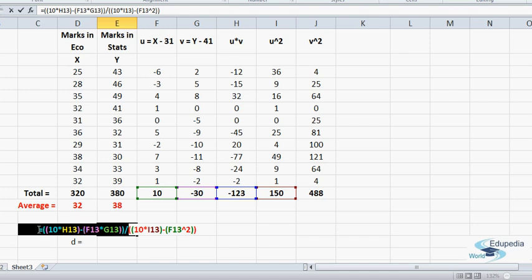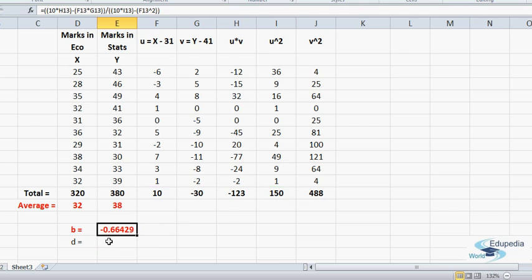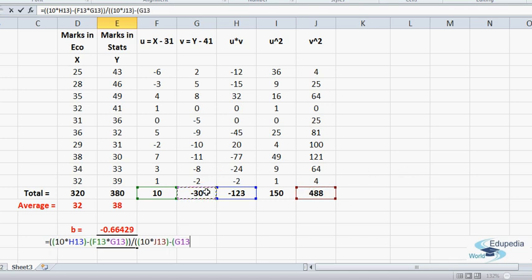So it's 10 times summation uv minus summation u times summation v, divided by n times summation v square minus summation v the whole square, which is this value, raised to power 2.